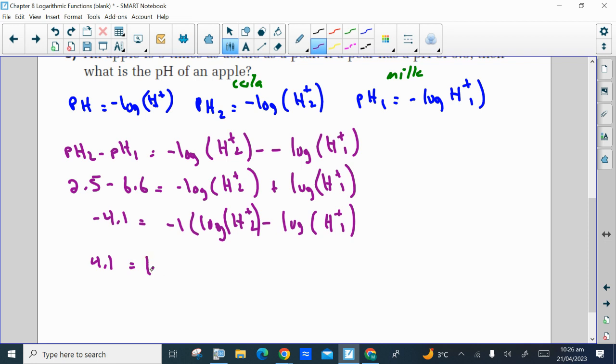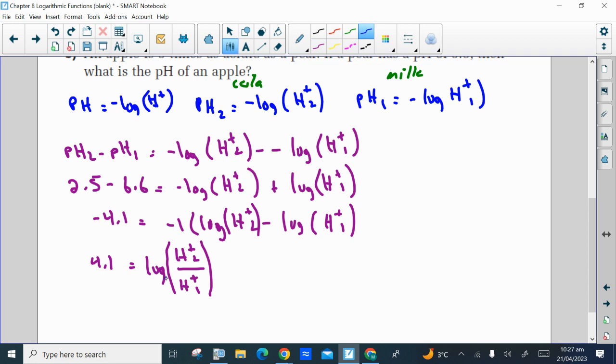I can combine those into one logarithm expression using the quotient law. That'll be the log of H positive 2 over H positive 1. And we want to find out what that is. What is H positive 2 over H positive 1? What does that equal? That'll tell us how many times more acidic the cola is compared to the milk.